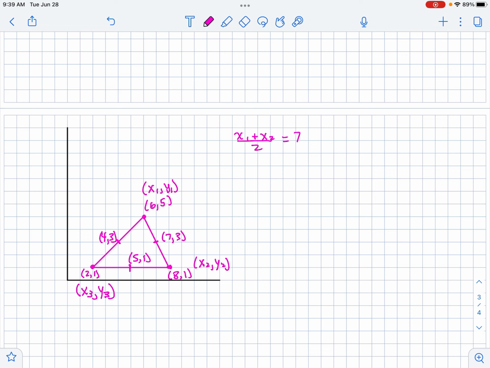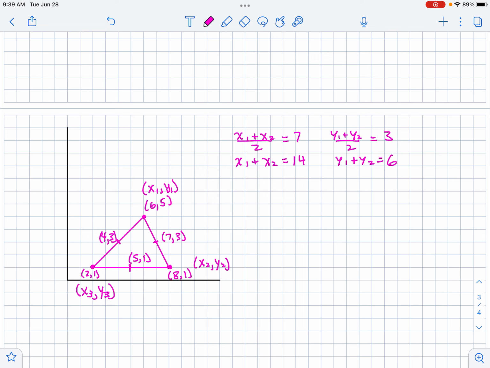Likewise, y1 plus y2 divided by 2 has to give me 3, because those are the coordinates of the midpoint. This is how we find the midpoint formula: we average the x's, we average the y's. Now with a little algebra, if I multiply both sides by 2, I get x1 plus x2 equals 14, and likewise, y1 plus y2 equals 6.